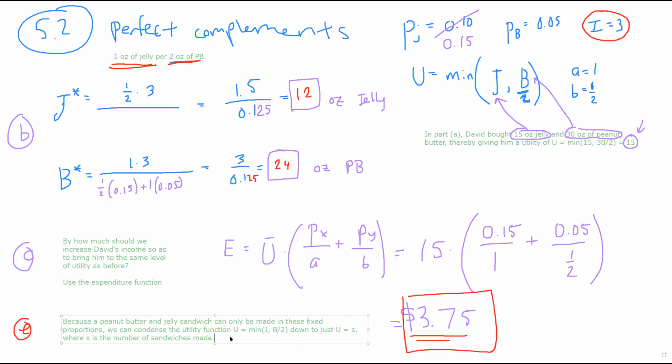Part F: discuss the results of this problem in terms of the income and substitution effects involved with the demand for jelly. I don't really know what they want from you here. I'll say this: because these goods are perfect complements, the change in price of any one of these goods will be completely due to the income effect and not the substitution effect.